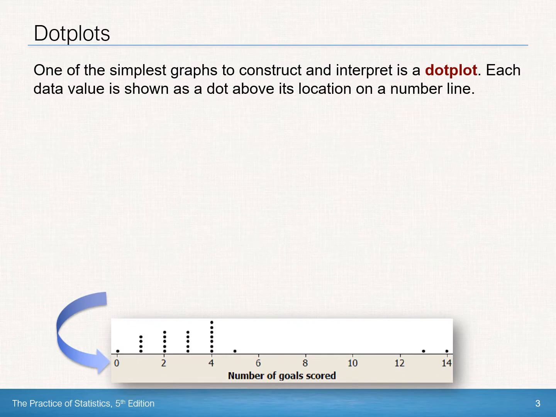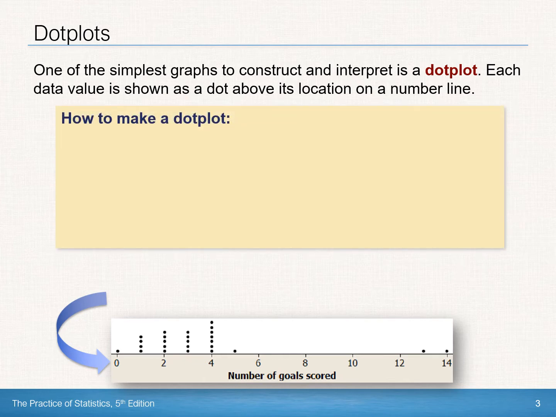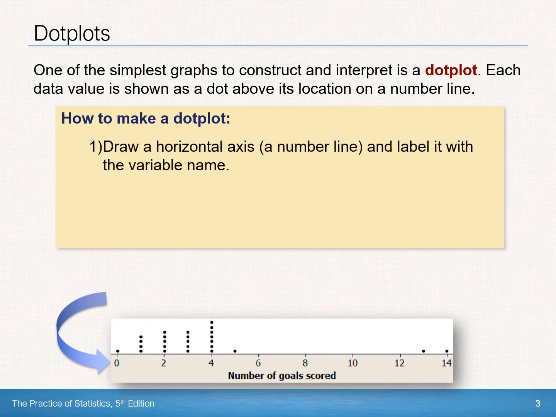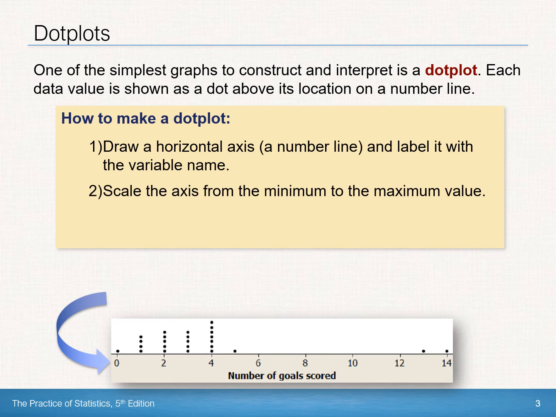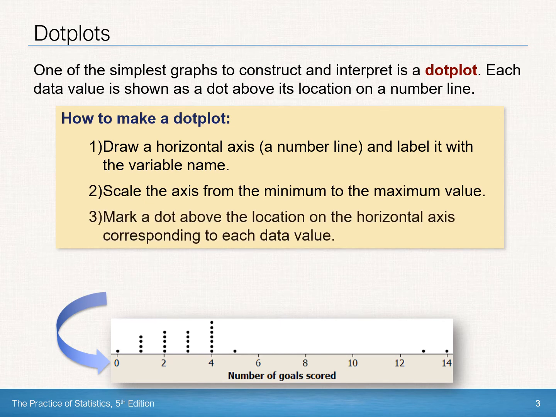One of the basic ways that we can graph data is by using something called a dot plot. We map and scale out an axis and then label it with a name, of course. Those are easy points that you might miss. And then scale the axis from the minimum to the maximum and make a dot above each location that corresponds to that value.